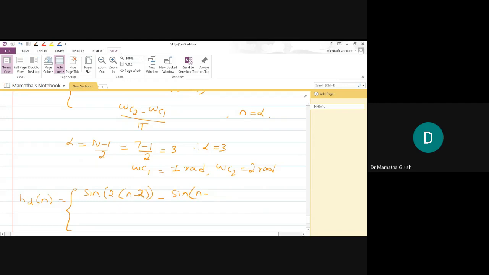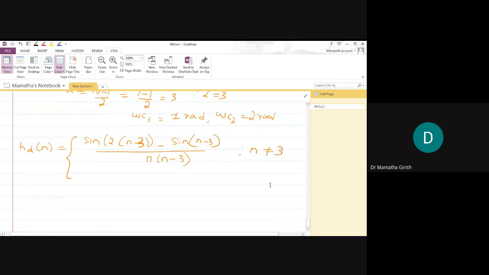Again here, please substitute the value of alpha, which is 3, so n minus 3, divided by pi times n minus alpha, that is pi times n minus 3, provided n is not equal to alpha, which is equal to 3. For the case when n is equal to 3, it is omega c2 minus omega c1 by pi. 2 minus 1 is 1, so 1 by pi for the case n equal to 3. This is the solution for the first part of the question asked in the problem.